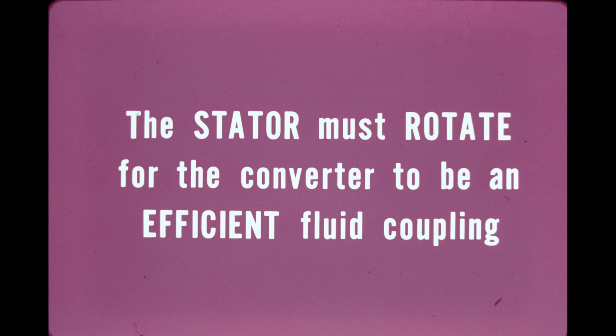To clear up one point here, remember we said that the torque converter is basically a fluid coupling that could multiply torque. Actually, the torque converter will not function efficiently as a fluid coupling unless the stator is designed to rotate with the impeller and turbine when there is no requirement for additional torque, and these two components approach a 1-to-1 speed ratio.